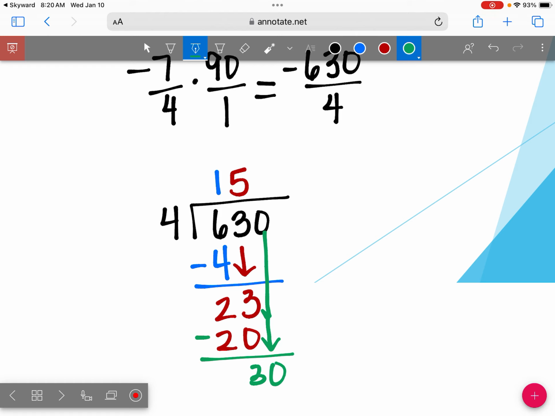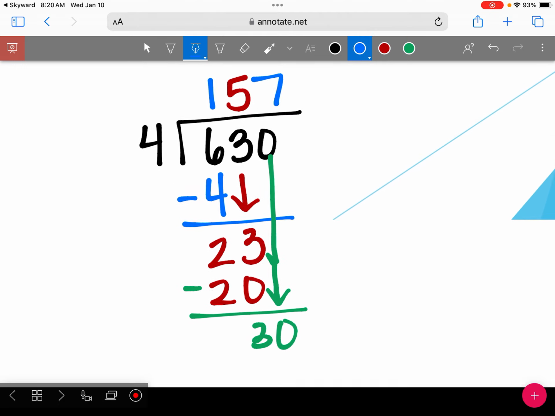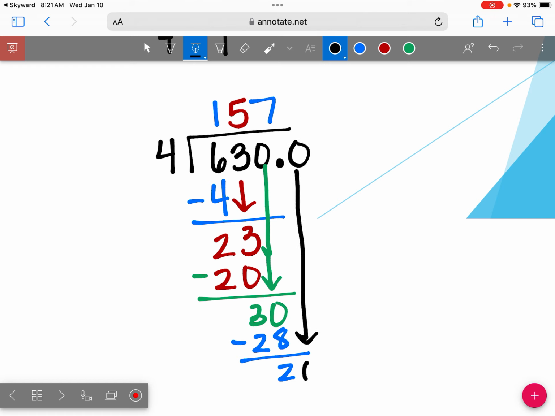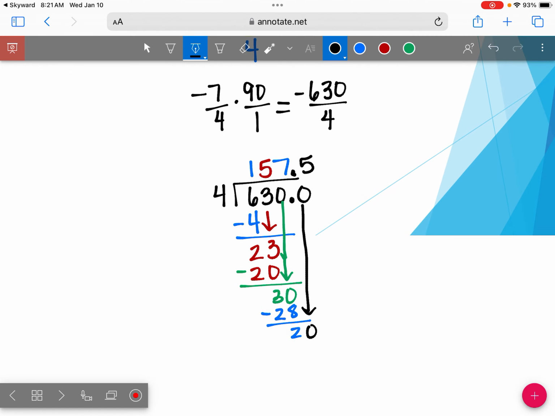How many times? 7. 4 times 7 is 28. And then that's a 2. So what I'm going to add here is a decimal point because I have a remainder. And I'm going to add one more 0. When I bring this 0 down, 4 goes into 20 5 times. So my answer would be negative 157.5. So if you took a different route and got there, we are still good.